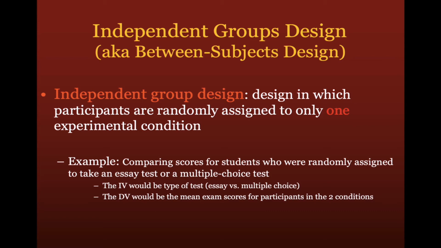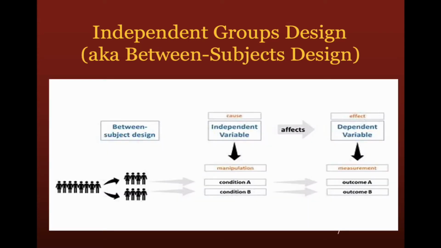All right, so now let's review again, and talk about independent groups design. This is when participants are randomly assigned to only one level of the independent variable, right? So one condition. The key is that it's called independent groups because the individuals in one condition are independent of participants in the other condition. So when you're thinking about independent groups, also called the between subjects design, you have a pool of individuals.